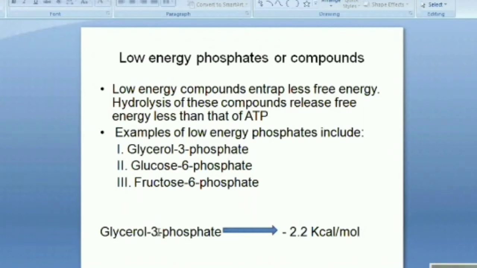Glycerol 3 phosphate and glucose 6 phosphate release energy, but their release is less than 7.3, and it is negative. Why is it negative? Because these are exergonic reactions releasing energy. That's why it is negative. Very simple to understand. Is it clear?